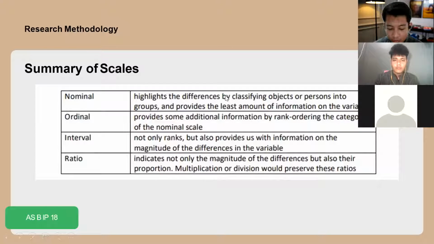An interval scale not only ranks, but also provides us with information on the magnitude of the difference in the variable. And a ratio scale indicates not only the magnitude of the difference, but also their proportion. Multiplication or division will preserve this ratio. Next slide.